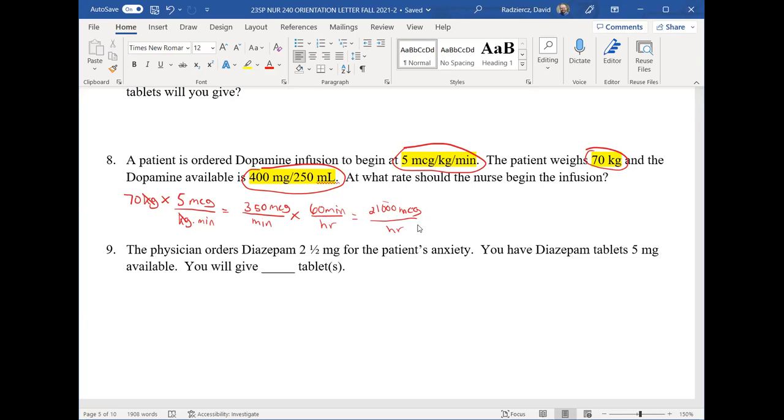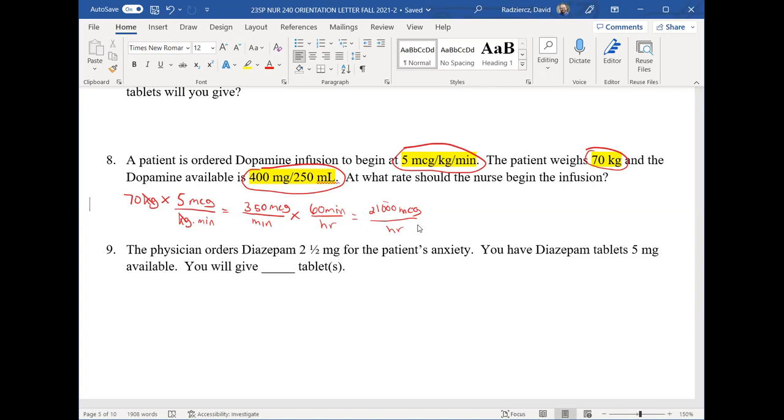But when we're talking about infusions, they aren't just one-time things. It's a flow thing, right? And so that's where you have to incorporate the time, which is why we're doing all this extra math. Because this tells me milligrams, but I'm in micrograms, I need to convert either milligrams to micrograms or micrograms to milligrams. And I'm just going to stay within the same thing.